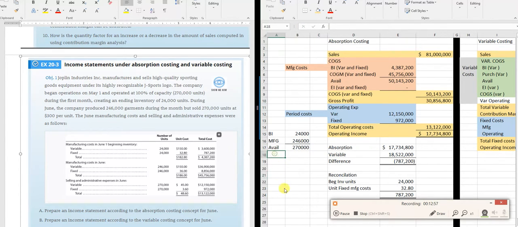Remember that inventory is either sold or not sold. So if I subtract how much is not sold, I can get how many is sold. You can do it either way, but in this case they tell me how much is sold. So if I have 270,000 units sold, my ending inventory is 0.